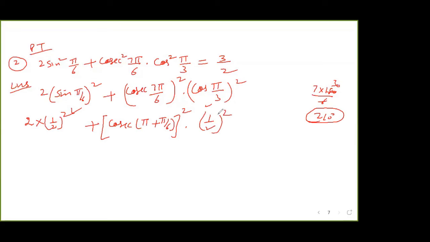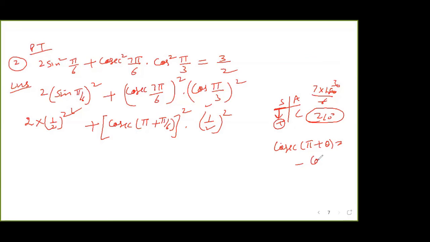Now in the previous lecture I have told you cosecant of pi plus theta. Pi plus theta means which quadrant? The third quadrant. This is 180 plus theta, it means we are in the third quadrant. Third quadrant means after school to college: tangent and cot are positive, others are negative.